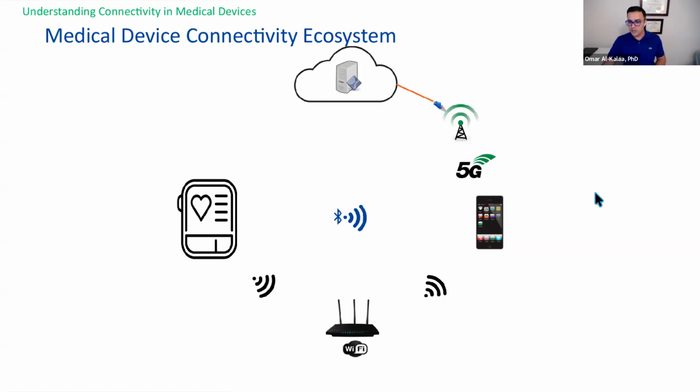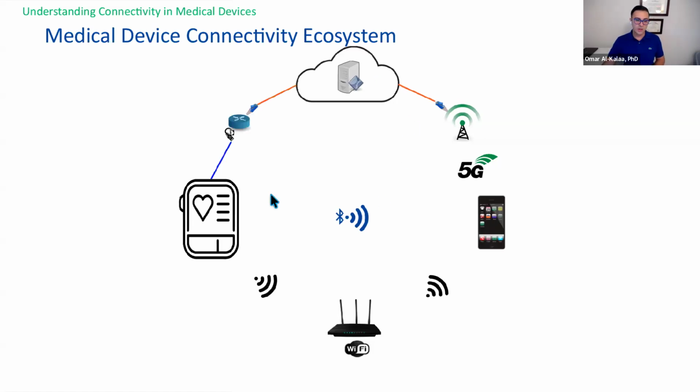Now, to add another layer, the patient's smartphone could be sending data to a cloud service over the 5G network. And that includes two connectivity segments. The first is over the air between the smartphone and the cell tower, and then over fiber between the cell tower and the core network of the cellular network, and then to the cloud service.